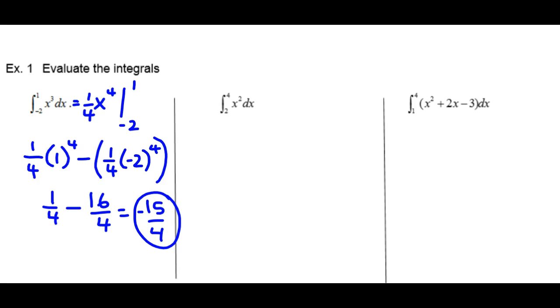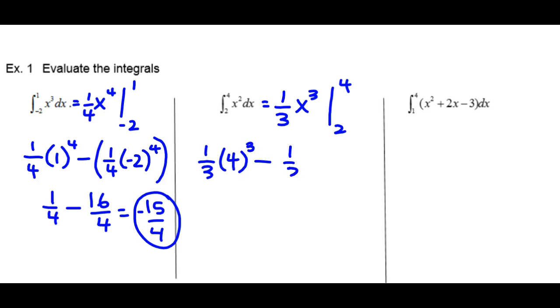The next one over there, we have from 2 to 4 of x squared dx. So the antiderivative of x squared is 1/3 x to the third. We're going from 2 to 4. We'll plug in 4, so I have 1/3 times 4 to the third, and then we are going to subtract what we get when we plug in 2.